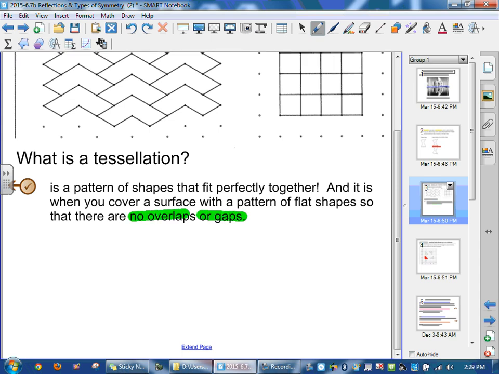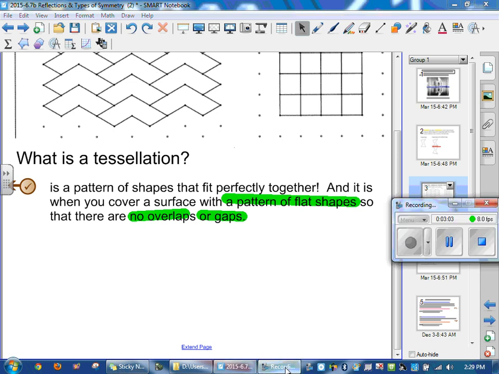Okay, so it's a pattern of flat shapes. Now, because they're exact shapes, you can have lines of symmetry in a tessellation because it's built from patterns. So I'll give you a minute to write that down first.